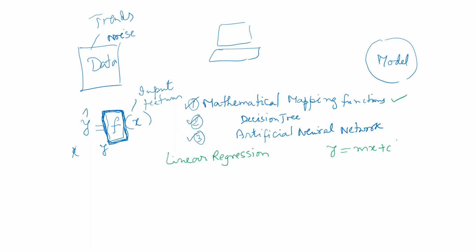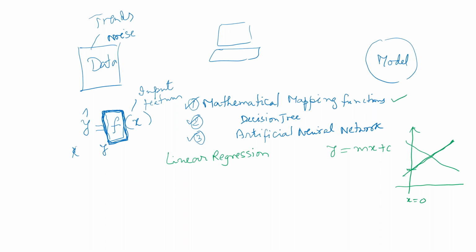So we are just using our high school maths. M is the slope of the line and c is the y-intercept. Whenever x equals 0, the point where the line cuts the y-axis is called the y-intercept. The slope describes, for a unit increment of x, how much increment y is doing. This can be negative or positive, but this is the way we express straight lines through some data.